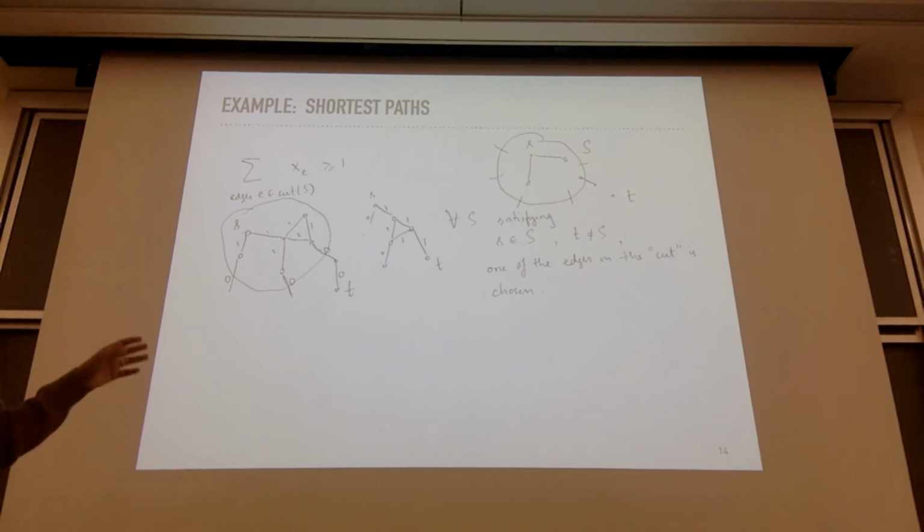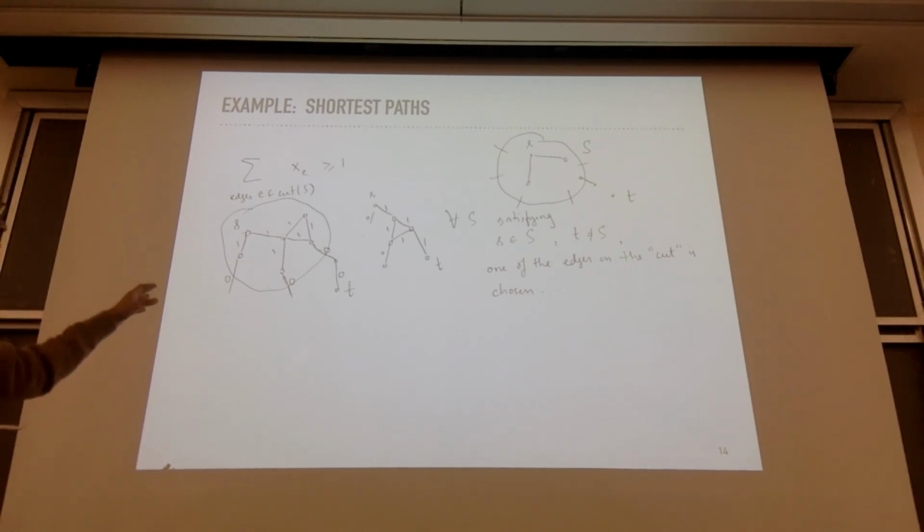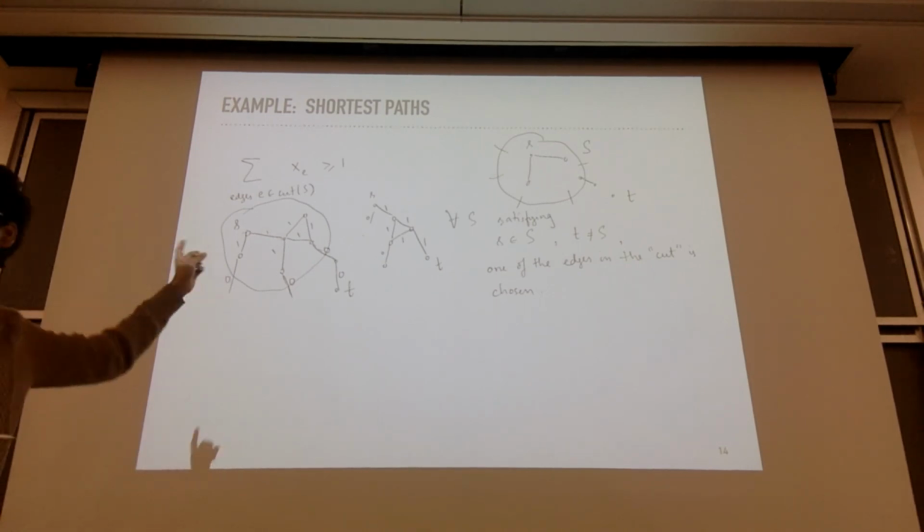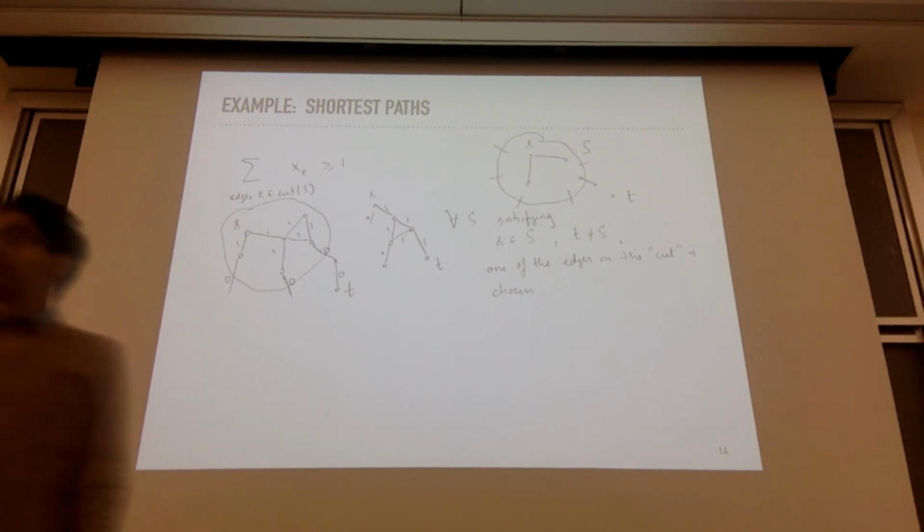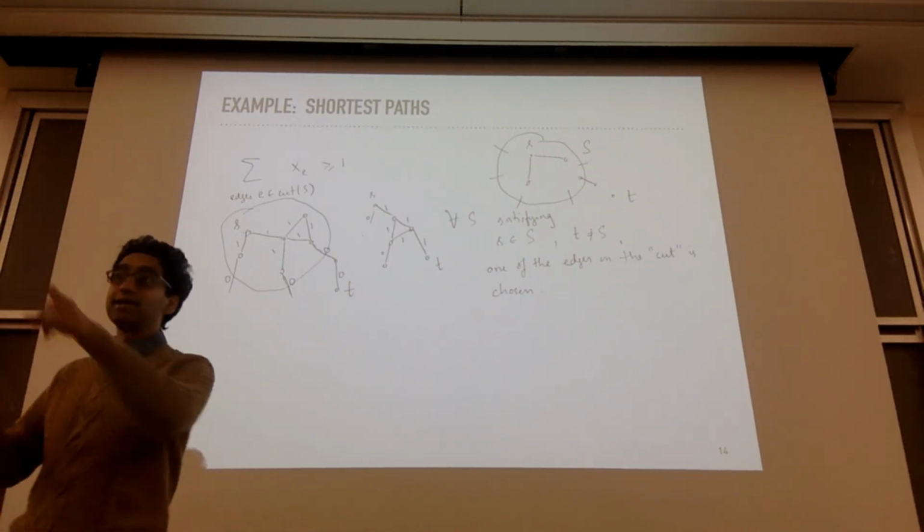The point is that if you optimize, you will never end up with a solution where some unnecessary things are set to 1, because you could have removed that edge and your cost will become better. Okay? So you can think of solving this optimization problem. The optimal solution will actually still be a path. Okay? Unless weights are negative.